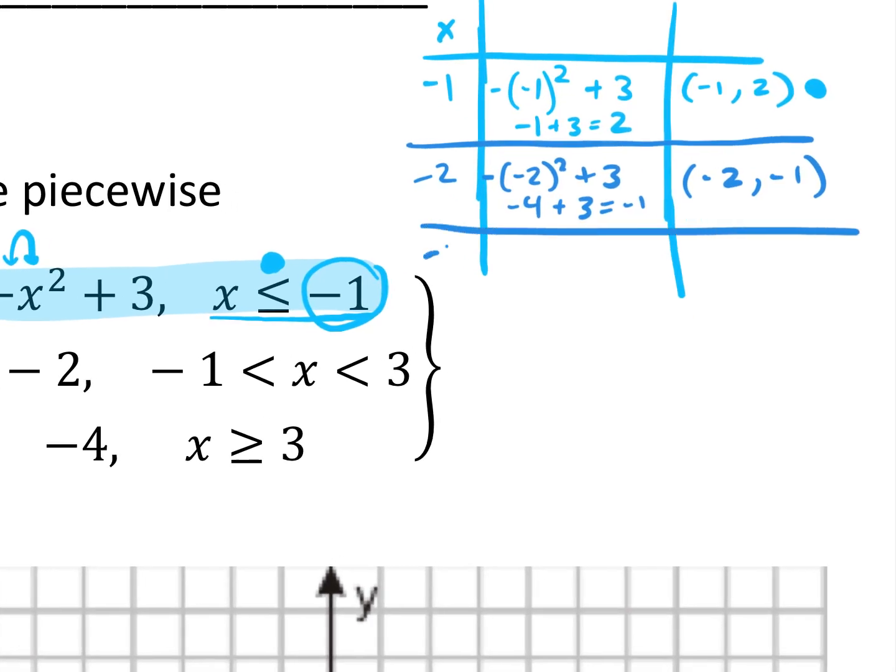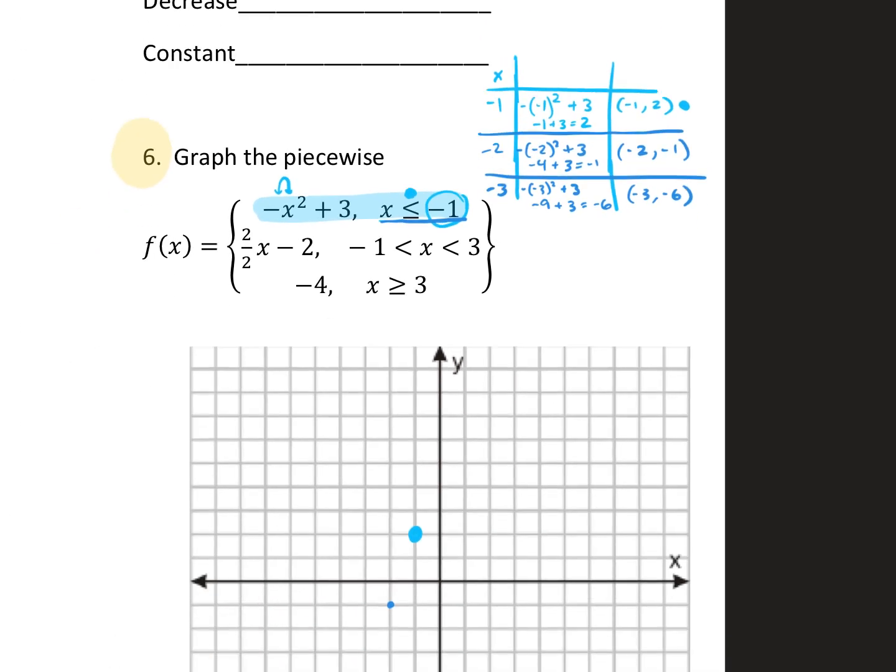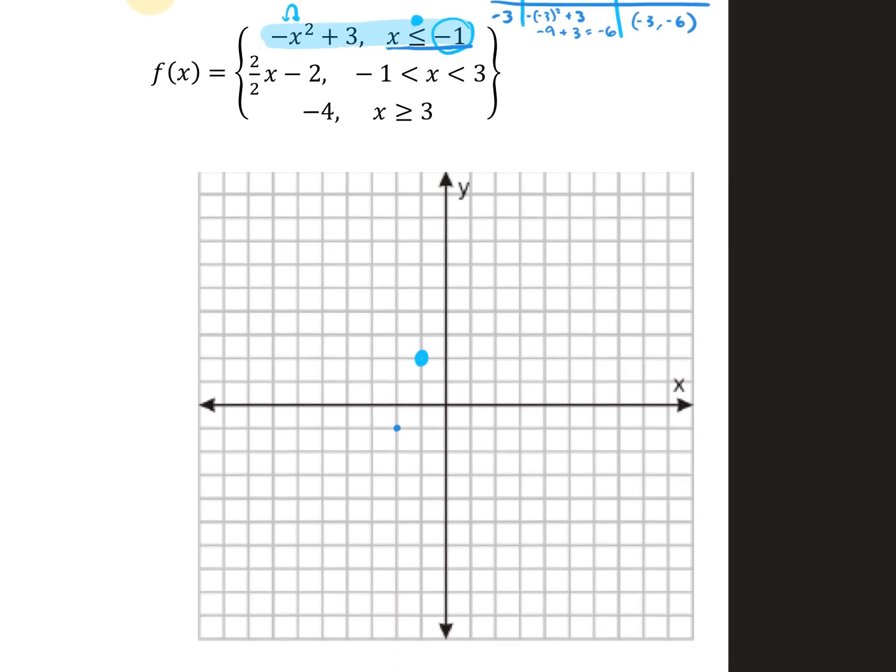Negative 3. Just make sure you're plugging in numbers that are less than negative 1. So we have negative 3 squared plus 3. So this would be negative 9 plus 3, which would be negative 6. So my next point would be negative 3, negative 6. So I'm going to go to the left to negative 3, down, negative 6.